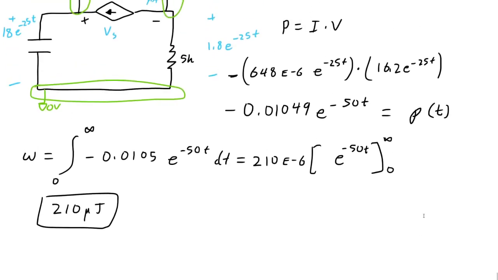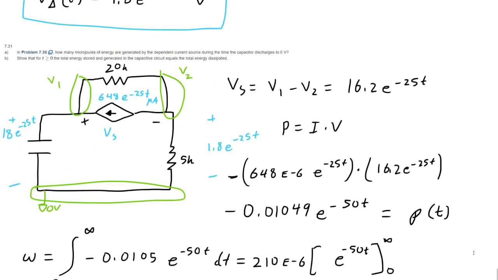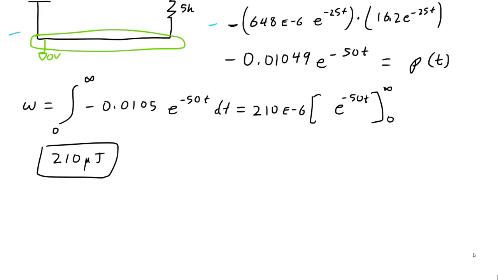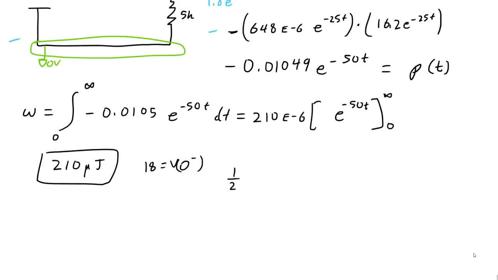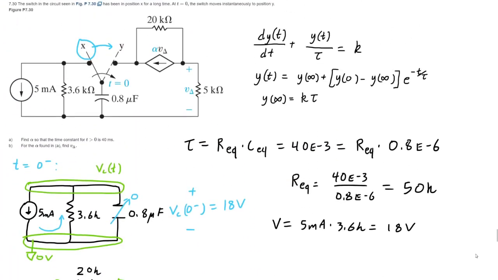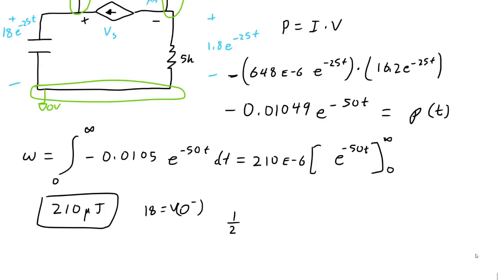Okay, so now we're going to have to find the total energy stored in the capacitor circuit and the total energy dissipated. Okay, so the capacitor is charged to 18 volts as VC0 minus. So one half of, was it 0.8? Forgot to copy the value. 0.8 microfarad, and 18 squared.